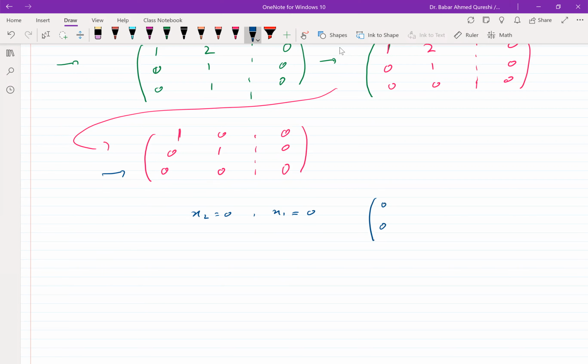This has only two components because A transpose is 3 by 2, so it acts on a 2-column vector. So it had only two components, x1 and x2, and those two components are equal to 0. So we have confirmed that N of A transpose is just this, and this is equal to R(A) orthogonal complement.